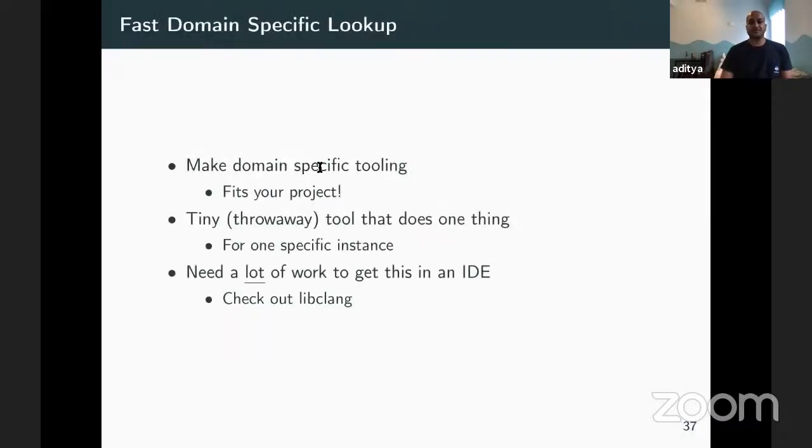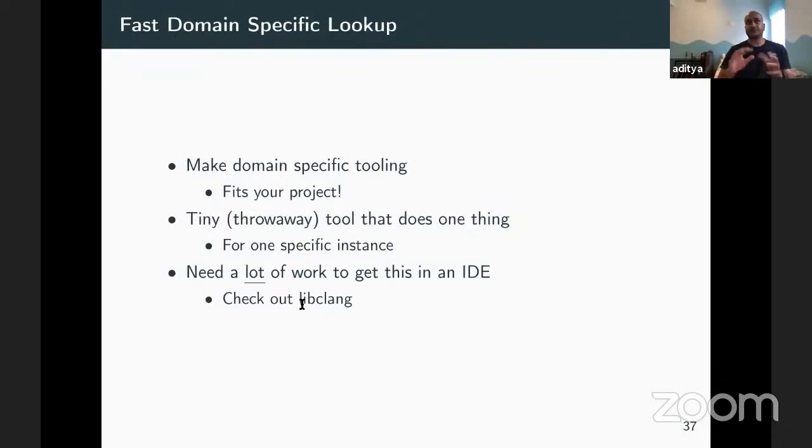So this lets you make domain-specific tooling that fits your project. A tiny little tool that does one thing, has one use, and that you throw away afterwards. And the amount of work this would take to get into a big IDE is huge. An example of this is libclang.